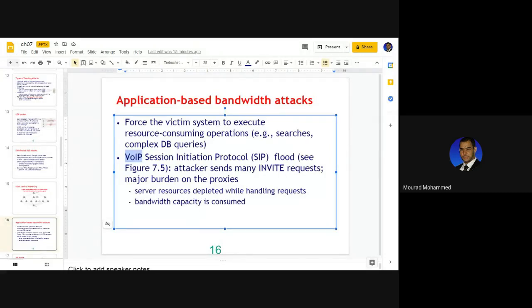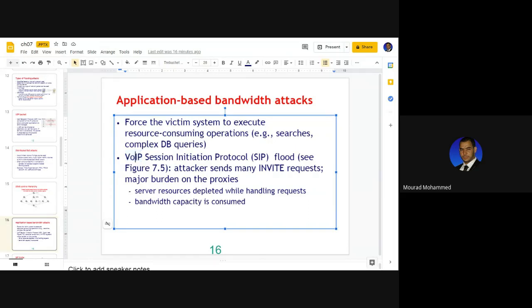This communication would happen on a dedicated portion, with a dedicated space size of the bandwidth. So there might be a specific DOS on that specific path, only for that application type. It means the DOS would happen only for the voice over IP communication solutions. Other applications would run very fine.